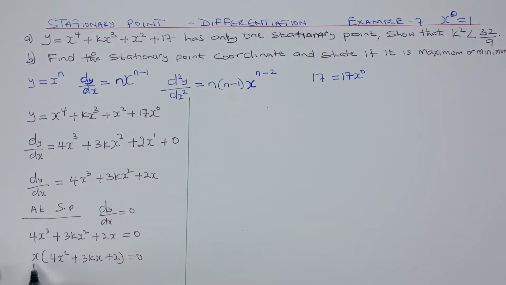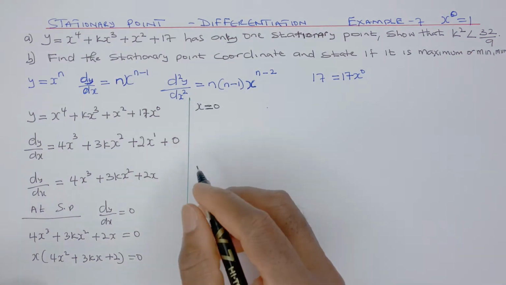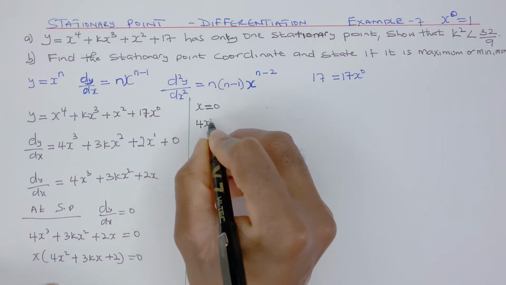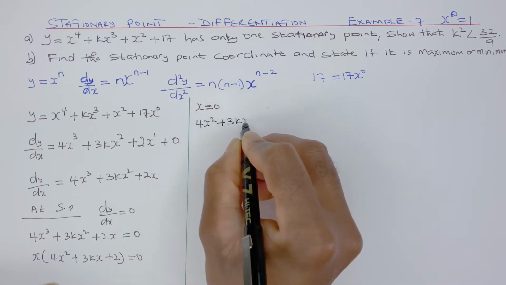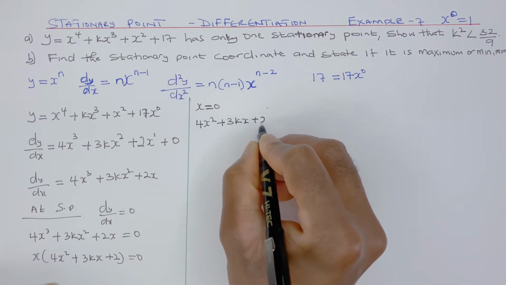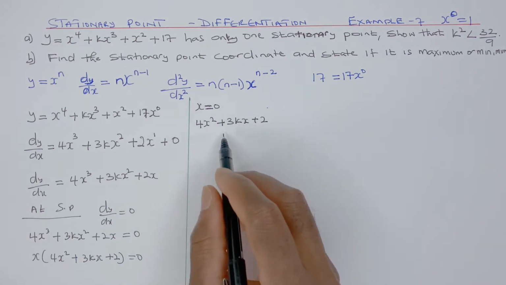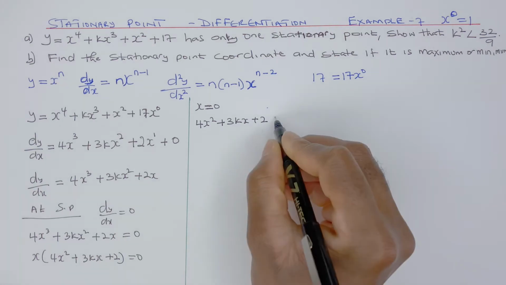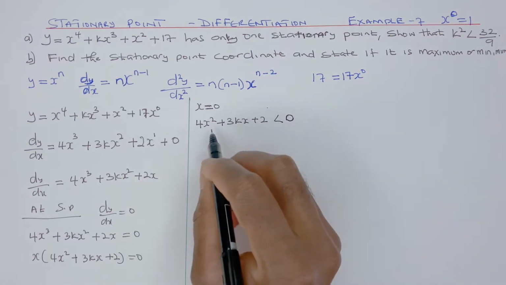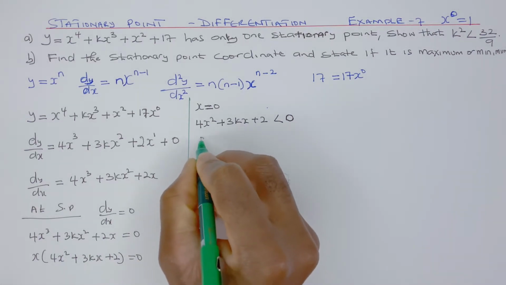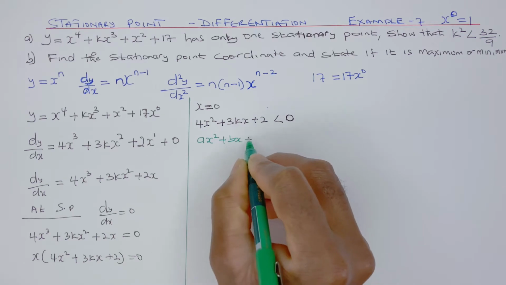I can see x equals 0, and 4x squared plus 3kx plus 2. If x equals 0 is the only stationary point, then this quadratic has to have no real roots. A quadratic is ax squared plus bx plus c.